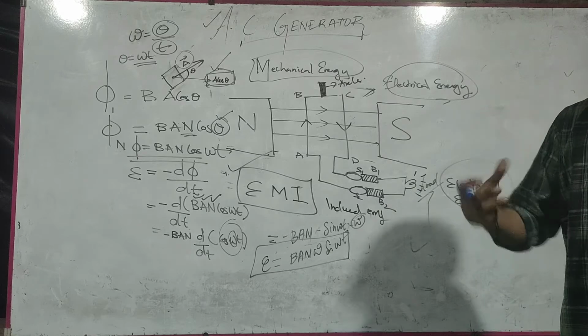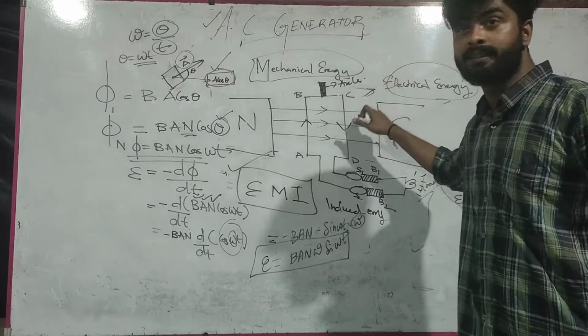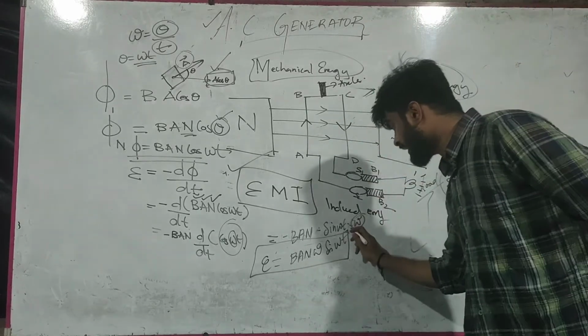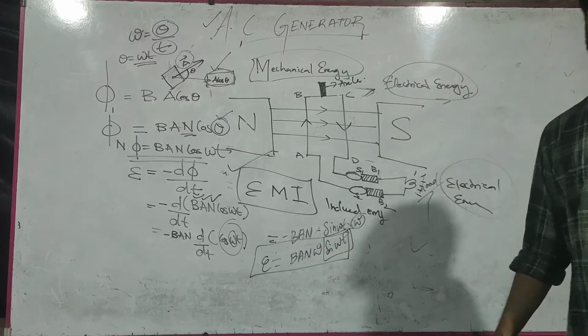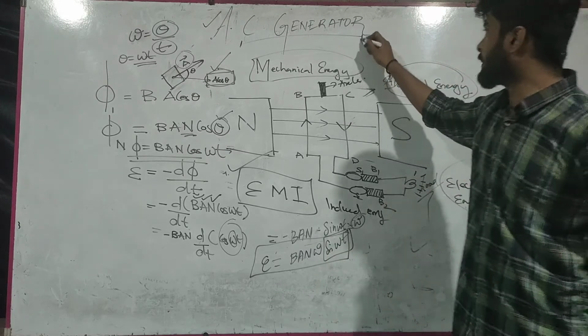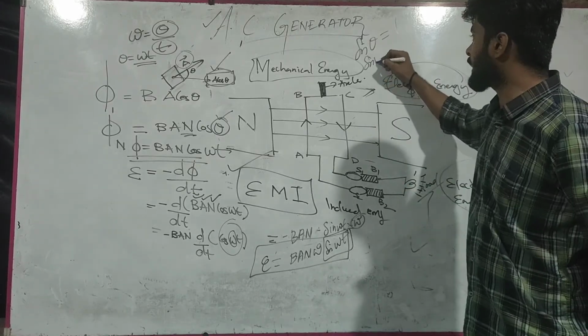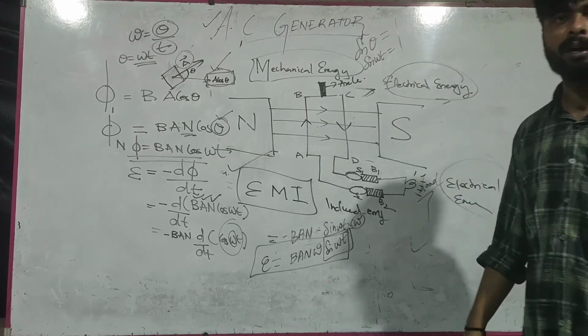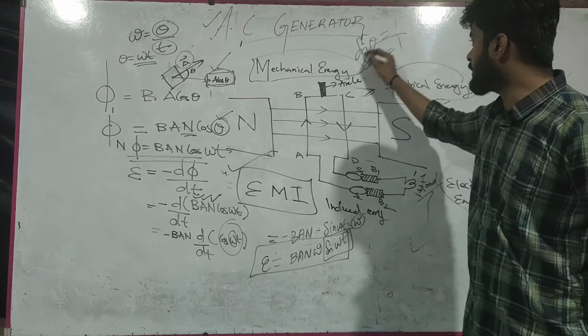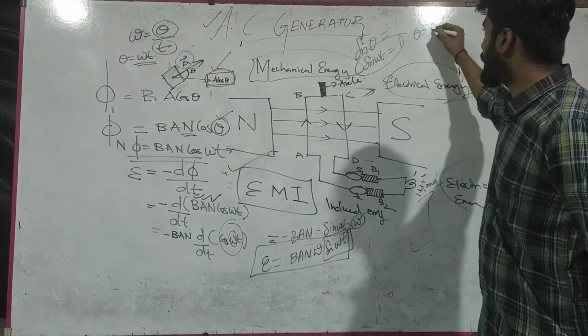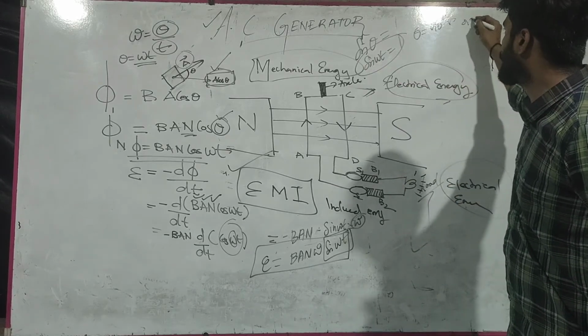If you want to get the maximum induced EMF in this AC generator, the value of sin omega t should be maximum. You know that the maximum value of sin theta is 1. Therefore, the maximum value of sin omega t should also be 1. Sin omega t will become 1 only when theta is 90 degrees, or 270 degrees.